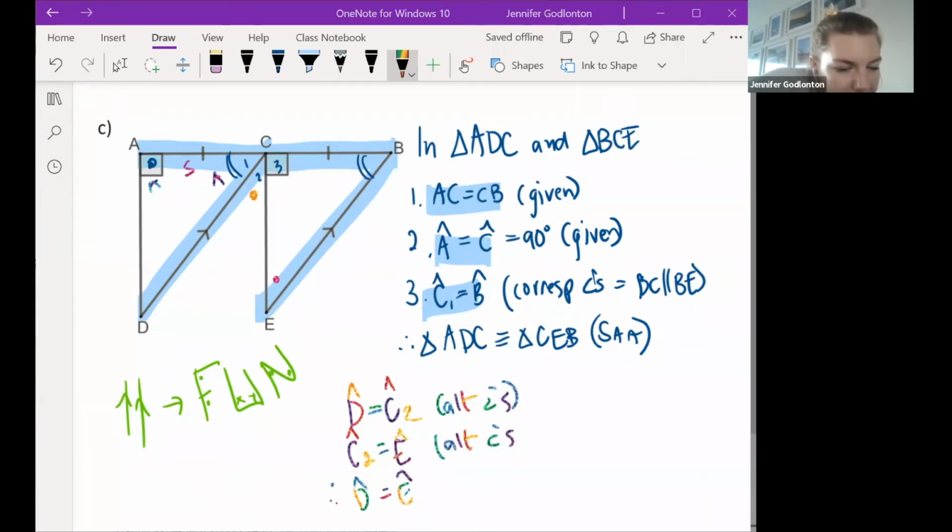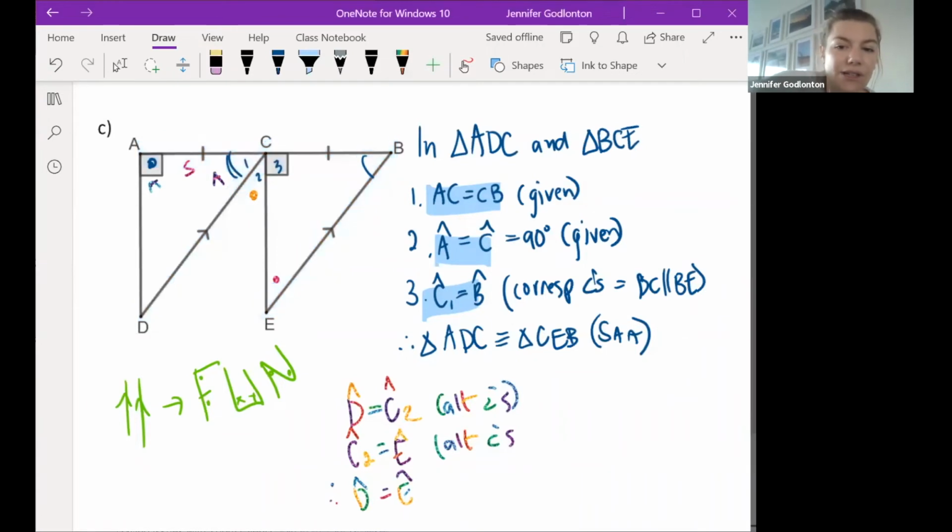How is C1 corresponding? Yeah, it looks messy. You're going to need to turn around either your head if you're on a desktop, or whatever you're working on. So what I'll do here is just highlight it again for you. There's our one parallel line, and there's our other parallel line. That's our transversal, the line that cuts our parallel lines.